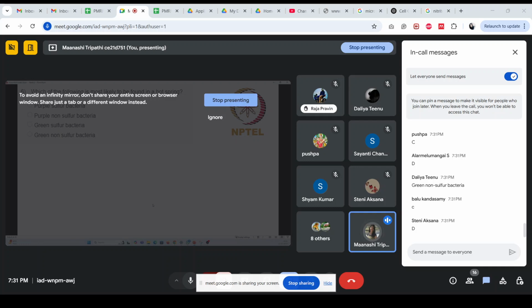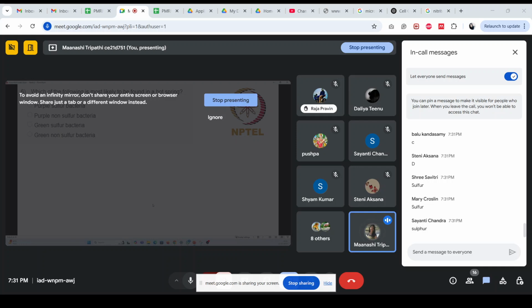What compounds are present which make these hot springs? Yes, correct. Very true. Yes, 100% correct. Sulfur. Because of the presence of sulfur, this water is hot.